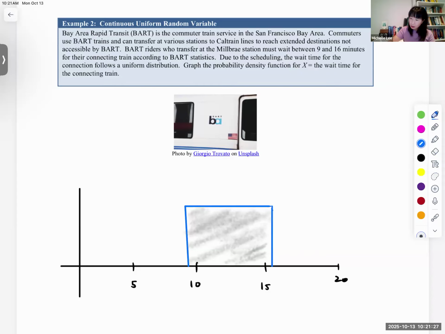X is between 9 and 16. So 16 minus 9, we have 7. Then what's the area of the rectangle?